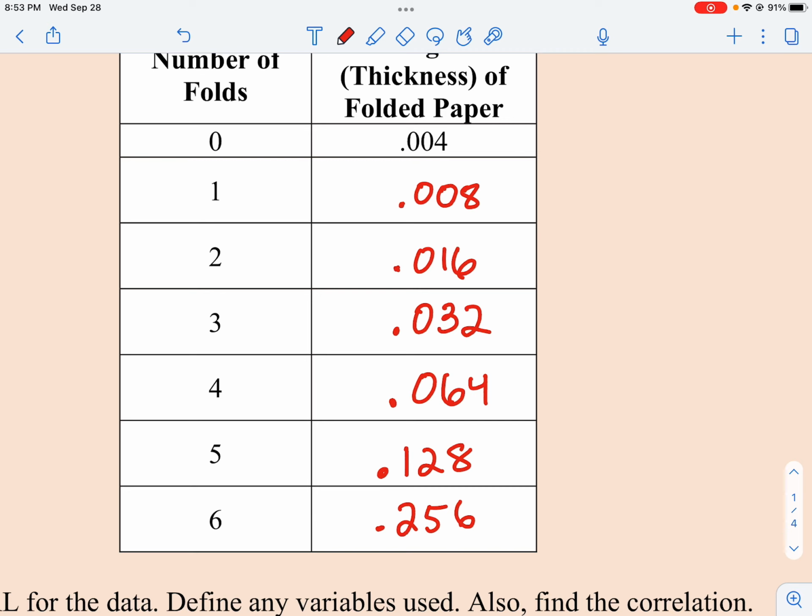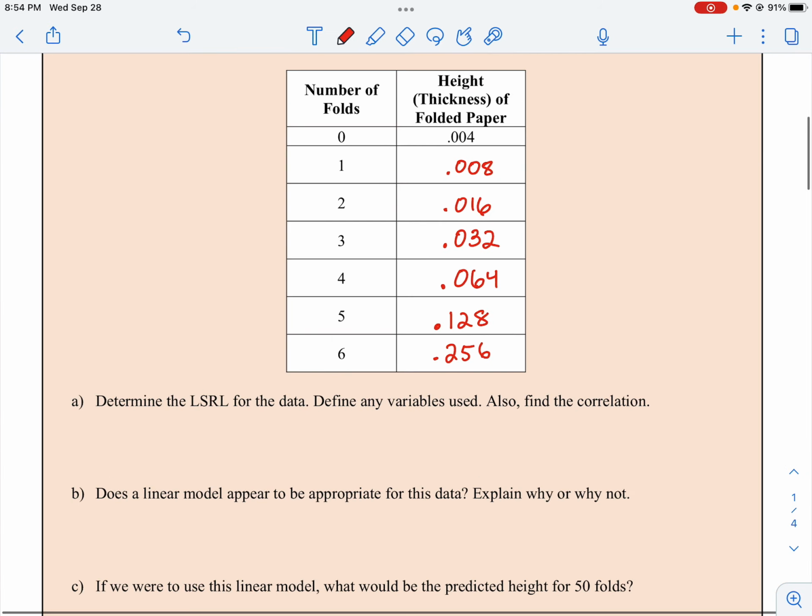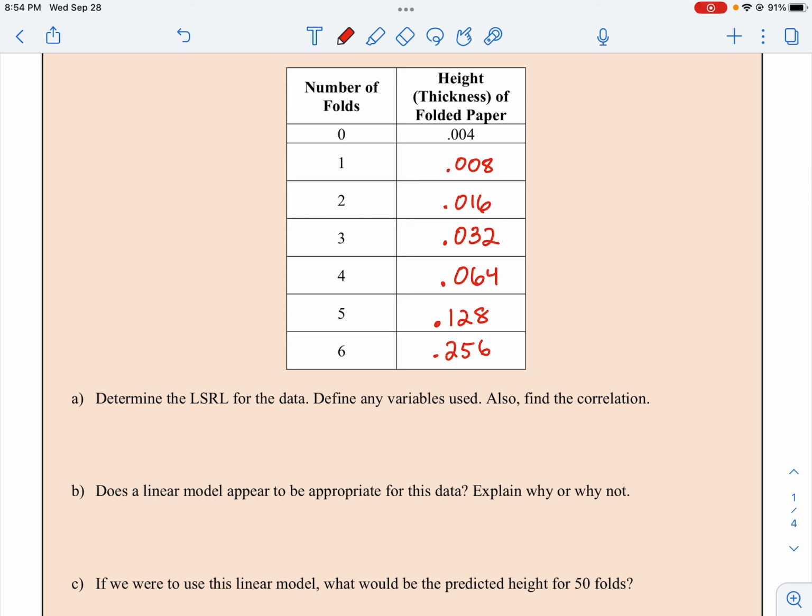And so we can see that after 6 folds already, we're only at 1/4 of an inch thick. Okay, after 6 folds, we're 1/4 of an inch in terms of thickness or in terms of height. So option A tells us here or part A, determine the least squares regression line for the data.